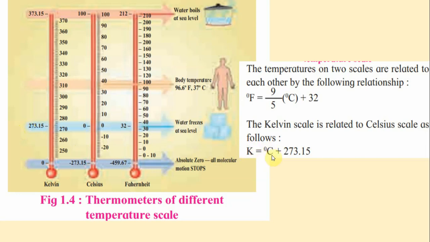So what is the degree Celsius when it is 273.15 Kelvin? We take 273.15 minus 273.15, which is equal to 0 degrees Celsius. Given only Kelvin, the answer is taken in degrees Celsius.